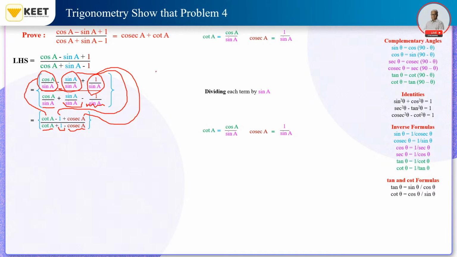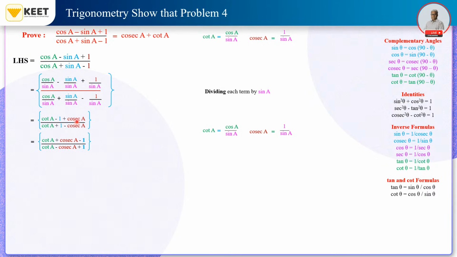Now this step you have to observe very carefully: how we are dividing by sin A, why we are dividing by sin A, and what is the output by dividing by sin A. Once you get this step, here we have applied some formula. Then the next step is to rearrange.